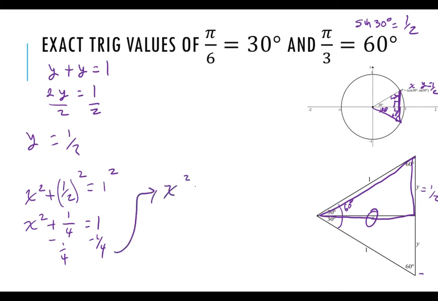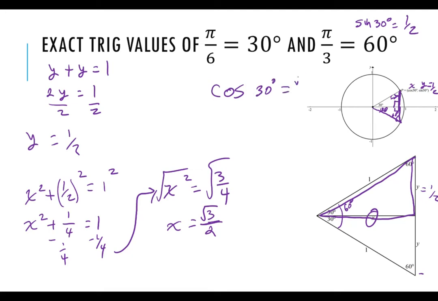Then I get that x squared is equal to 3/4. Take the square root of both sides. X equals root 3 over 2. And since x equals root 3 over 2, now we know that cosine of 30 degrees is equal to root 3 over 2. So that technically means that we can now find all of our answers for sine, cosine, tangent, and their reciprocals of pi sixths or 30 degrees.